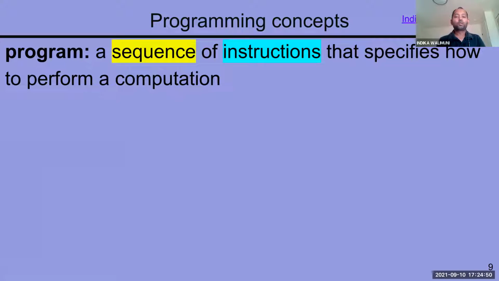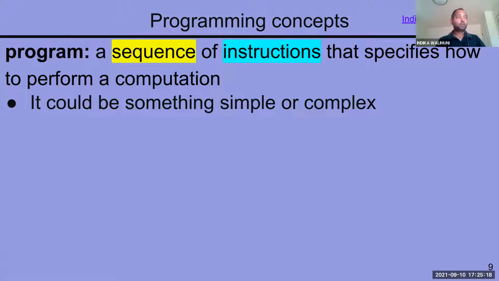A program is a sequence of instructions that specifies how to perform a computation. Instructions are sometimes called statements. It could be solving a problem, something simple or something complex.